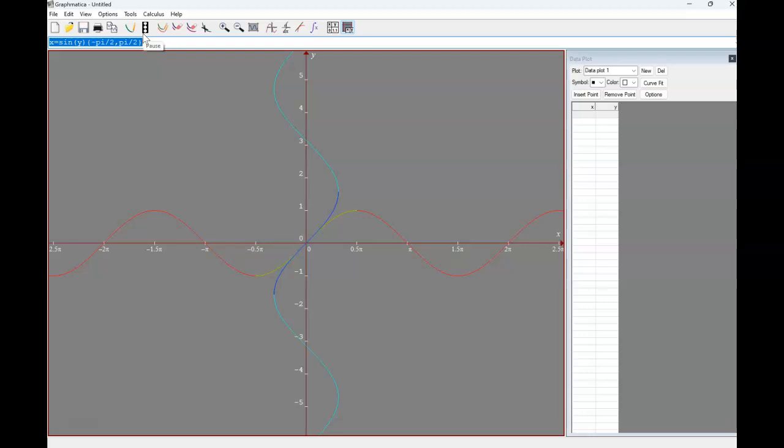No, that's a function. What's the problem though? What if I wanted to solve when y was equal to this value over here? Is the blue graph going to give me that? No way, man.